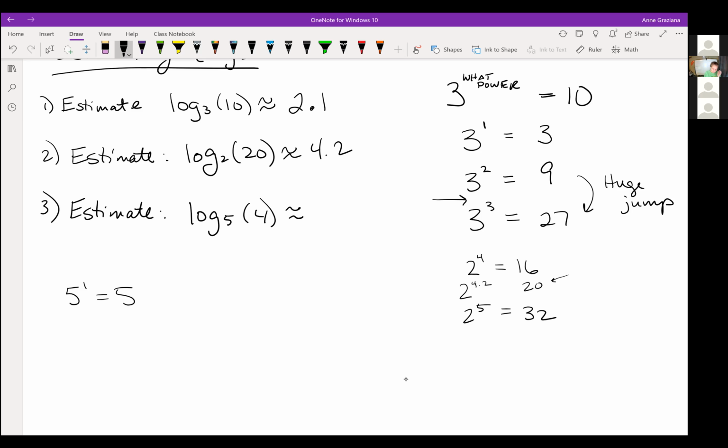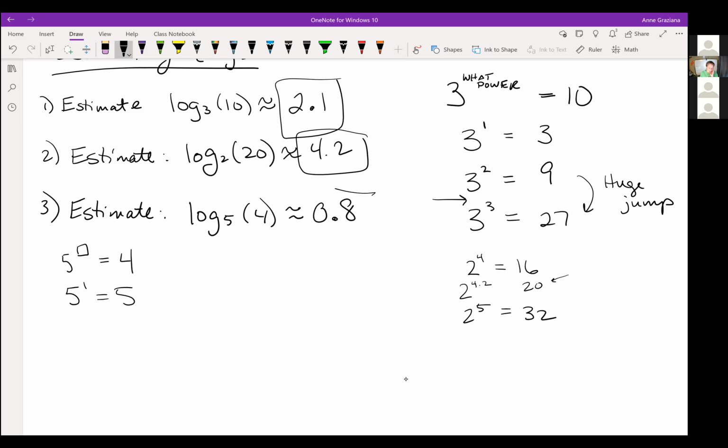I'm trying to get 5 to what power is equal to 4? So my exponent here has got to be smaller than 1. When your output is smaller, my exponent is going to be about 0.8. It's got to be smaller than 1. Any questions?